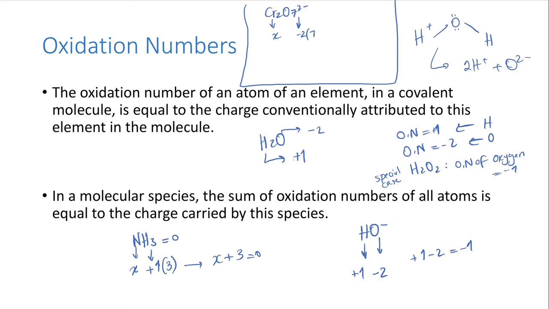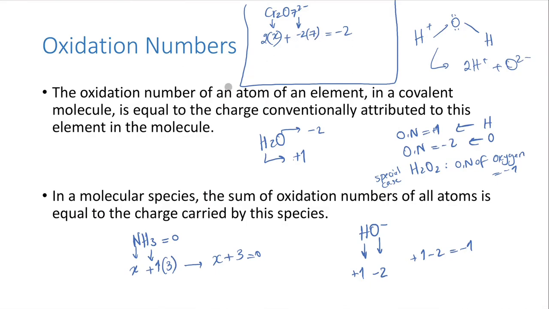I'm going to multiply -2 by 7 because I have 7 oxygens, and I'm going to multiply X by 2 because I have 2 chromium. Then this addition is equal to -2, because the charge of Cr2O7 2- is -2.